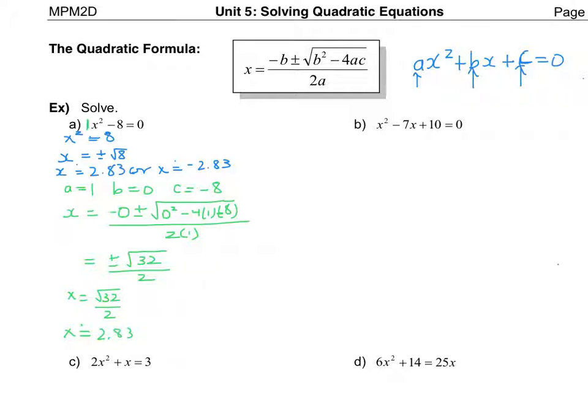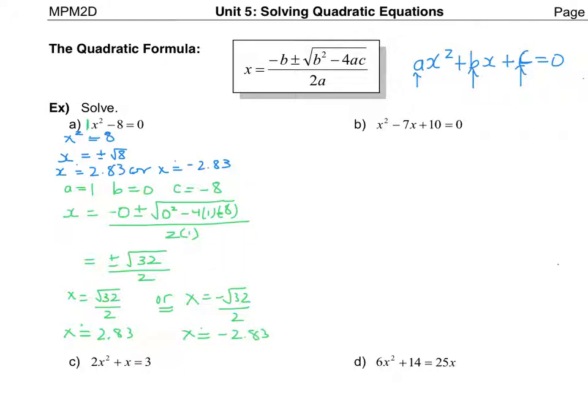There are some radical rules I could teach you here, but you'll learn those in grade 11, so we'll go with the decimal form. That's really equivalent to the square root of 8. Our other option is x equal to negative square root of 32 divided by 2, which is approximately negative 2.83.